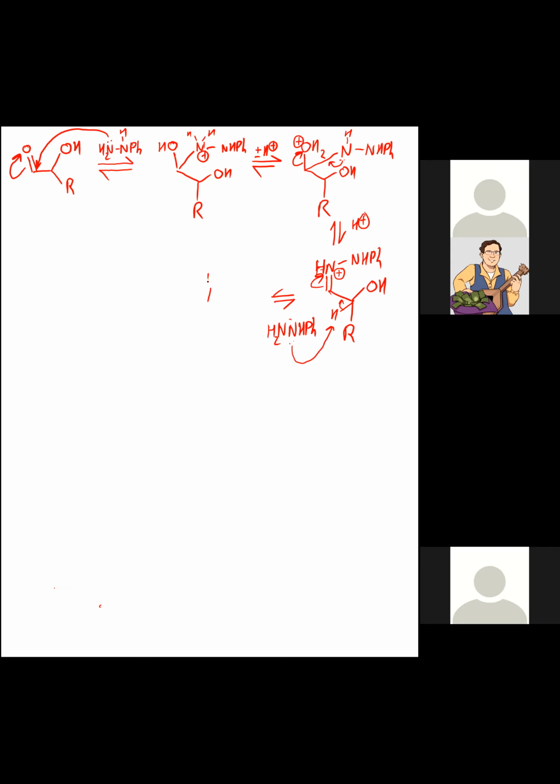With the enamine, it's kind of like an enol, but for nitrogen. So you have a system like that. Nothing wrong with that. It's feasible.